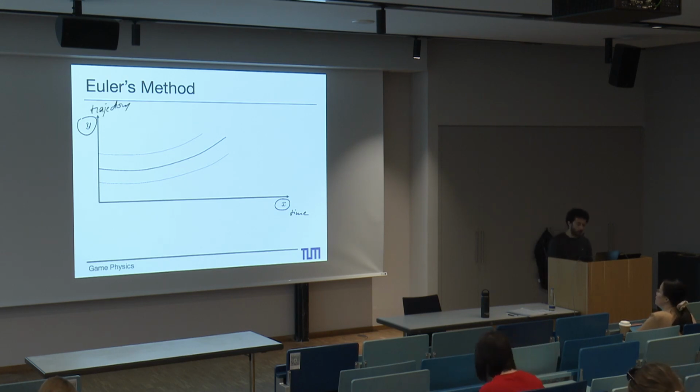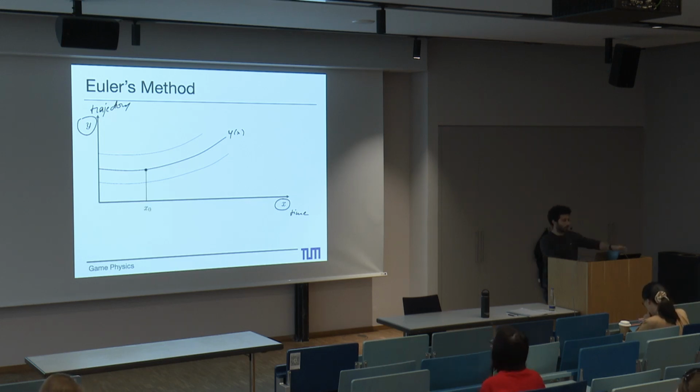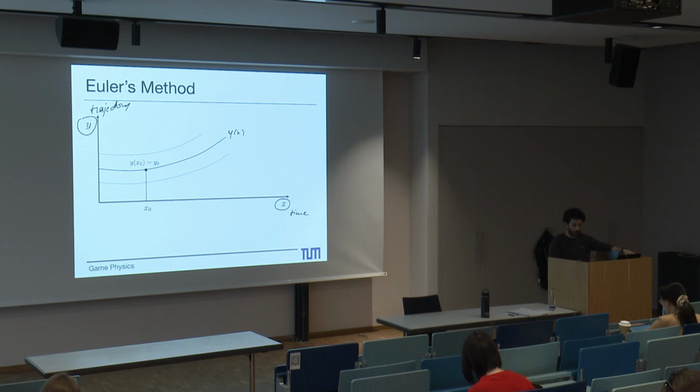And what we want to approximate here is this thicker black curve, which is our trajectory, so how y evolves with respect to x. Now, in order to start our integration using Euler method, we start with the free variable x0, and we are able to calculate the first value of the target function at this point that we will call y0.